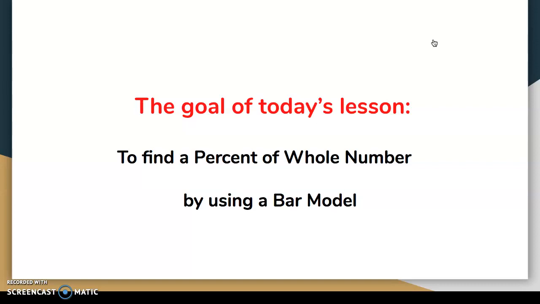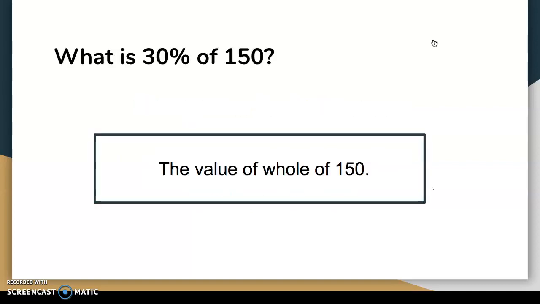Looking back at the objective of today's lesson, we are going to find the percent of a whole number using a visual bar model. If you want to find out what is 30% of 150, you need to pay attention that the value of our whole is 150.